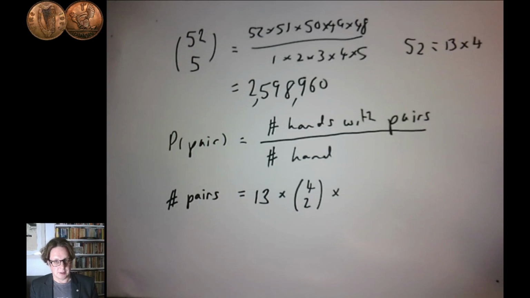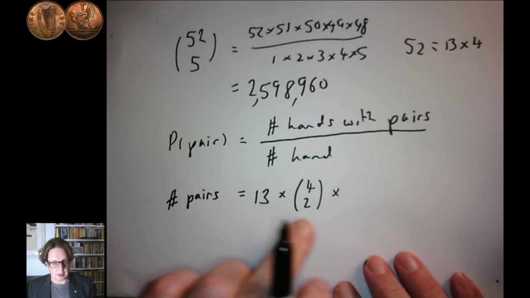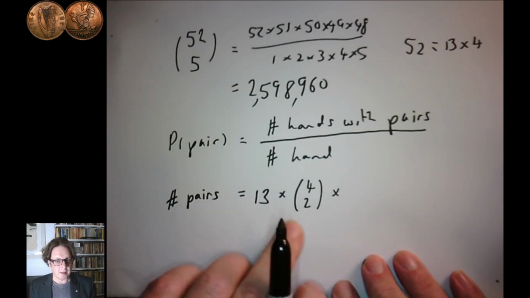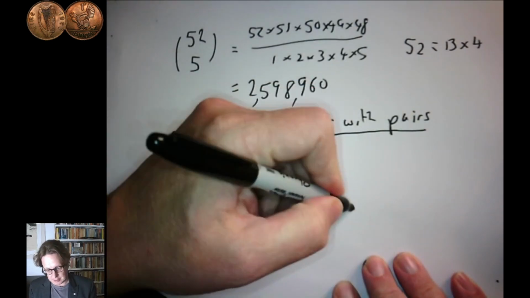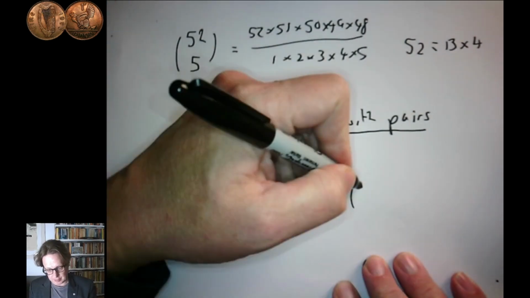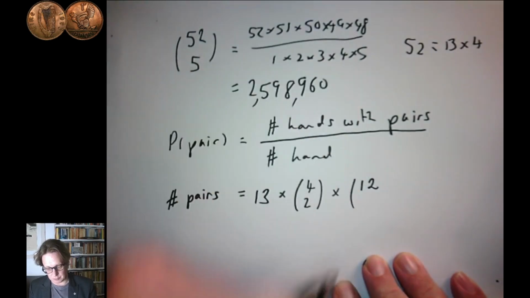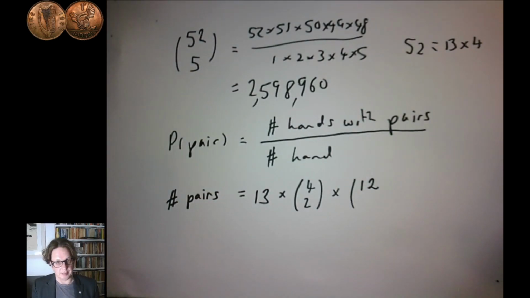And so to do that counting, you need to know the pair, and you need to know the other 3 cards. And so there are 12 values left. One of the values is already taken up. In the case of the example we saw, that was the jack, and so the remaining 3 cards must be chosen from the 12 values that haven't already been taken.